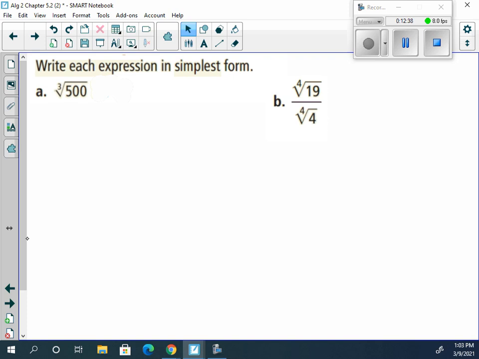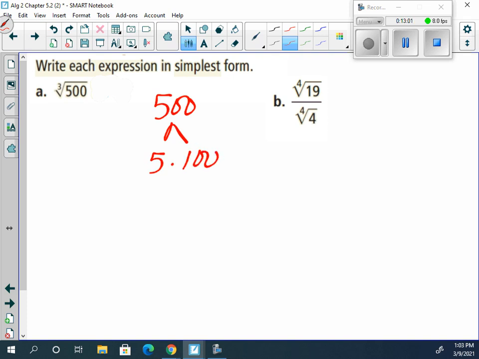And I have a feeling it gives us another non-repeating, non-terminating decimal. So we need to work this out. So when we look at 500, again, we're going to look at prime factors. So what one do we know for sure? 5 times 100, yes. 100 is factorable.